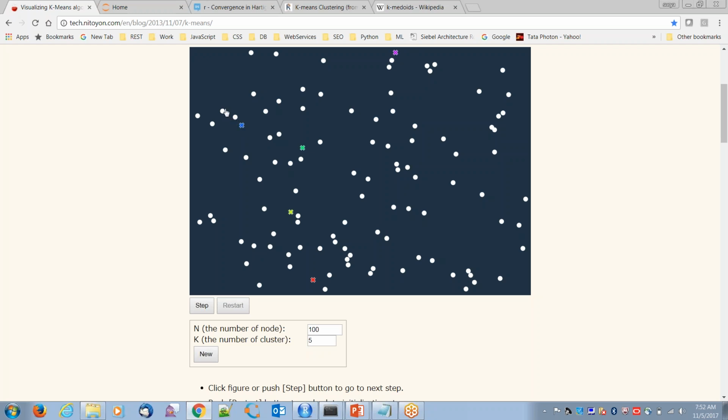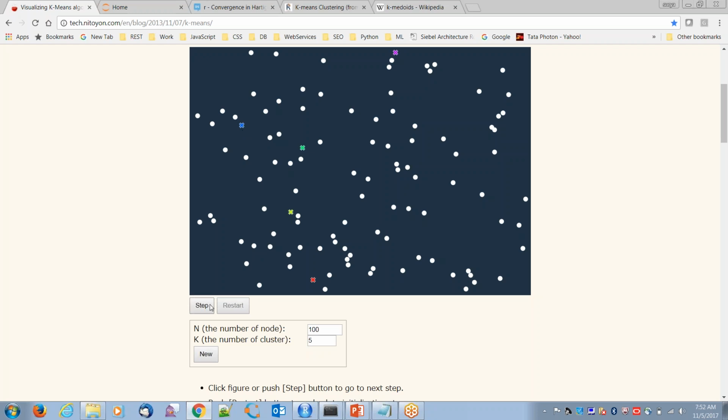So this white data point will belong to the cluster whose center is this blue point. Based on the Euclidean distance, the distances are calculated between all the data points and the cluster centers, and based on the shortest distance, all the data points are divided into these 5 groups.